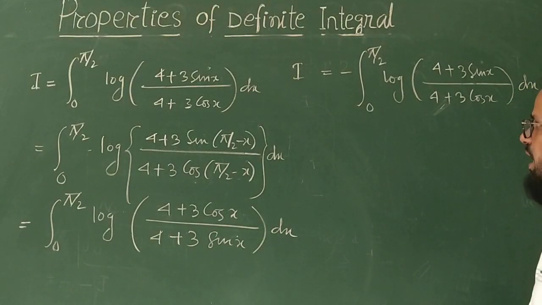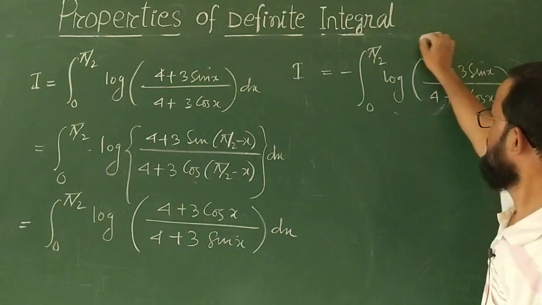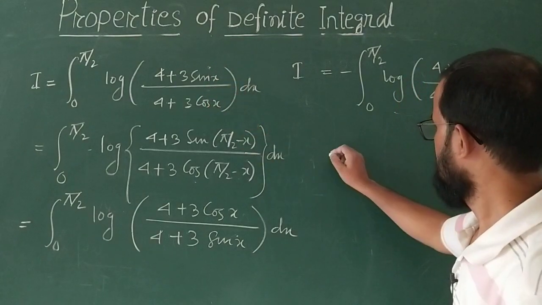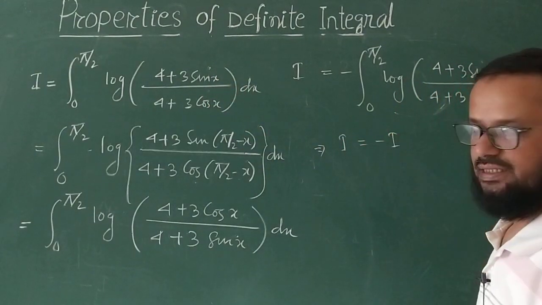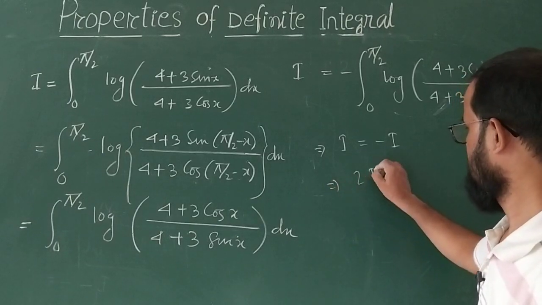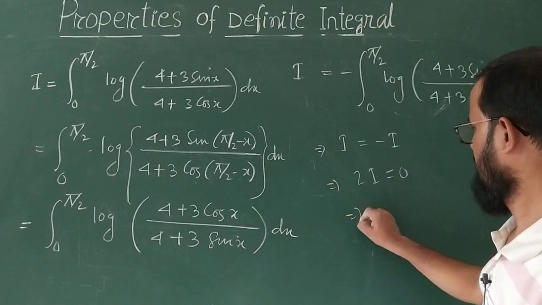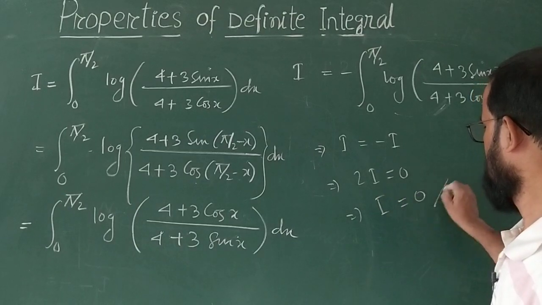And this integral is nothing but your I. So finally you are getting I equal to minus I, and therefore twice I equal to 0, and finally I equal to 0.